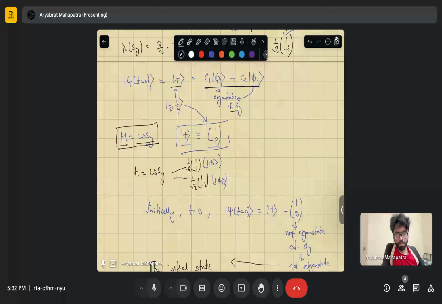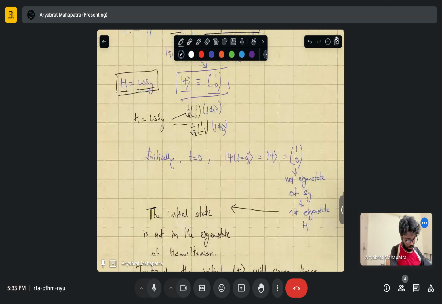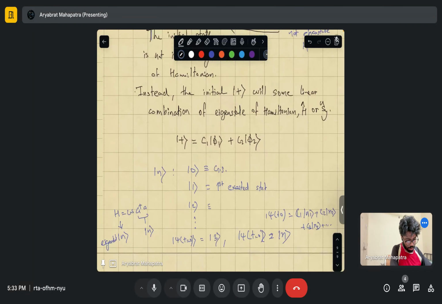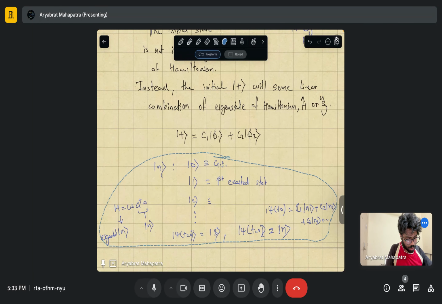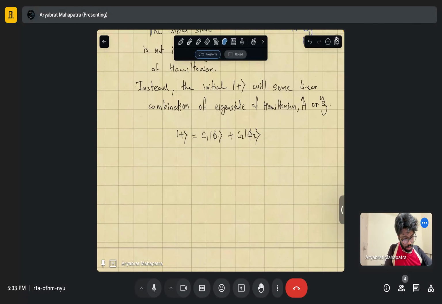Is there any time evolution here due to the Hamiltonian? Yes, because we have to calculate the probability after some time t. So we will evolve this linear combination state now. For the sake of clarification we have discussed these things, but they are not relevant here.